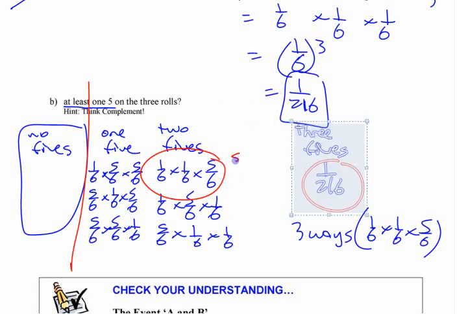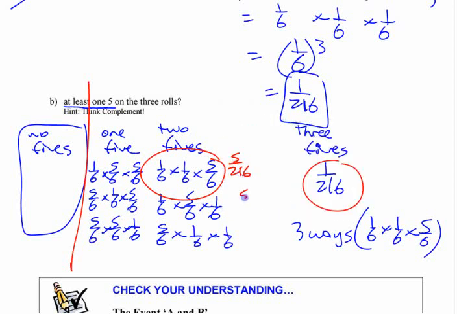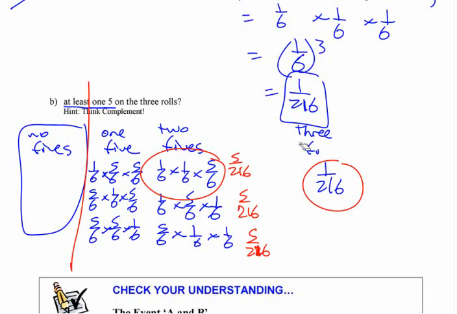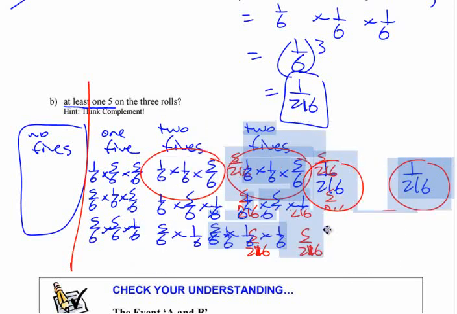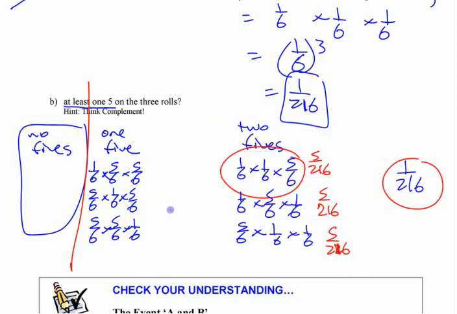This thing is 5 out of 216. 5 out of 216. This is 5 out of 216. And then each of these are 25 out of 216. Each of those other ones is 25 out of 216. This one, 25 out of 216, 25 out of 216.